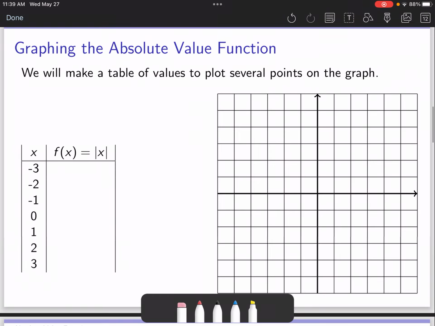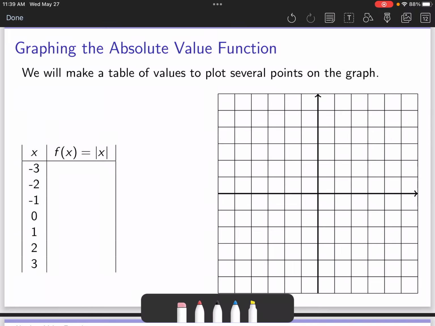So if we were to graph the absolute value function, we can make a table of values. On the last slide, we found that f at 3 was equal to 3, and f at negative 3 was also equal to 3. So these are 2 points on the graph.